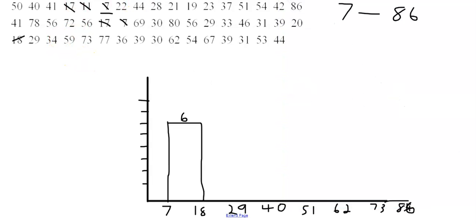So, 19 to 29. 1, 2, 3, 4, 5, 6, 7. Remember, we're including 29. 8. Looks like 8. So that means we're going up here to 8.